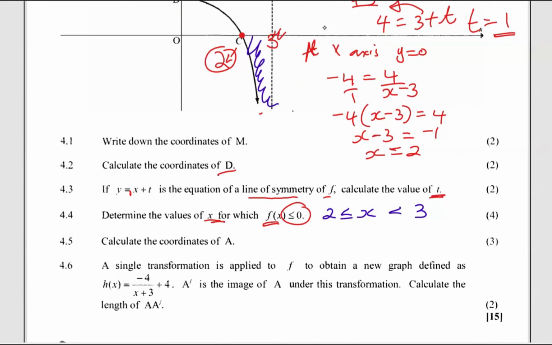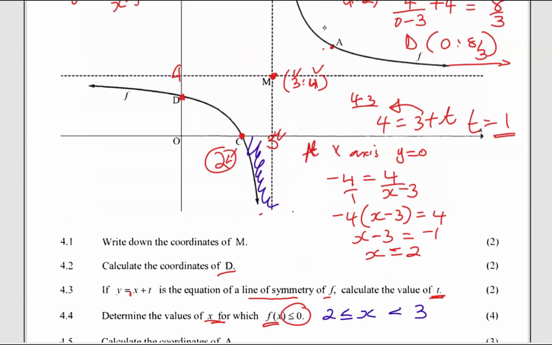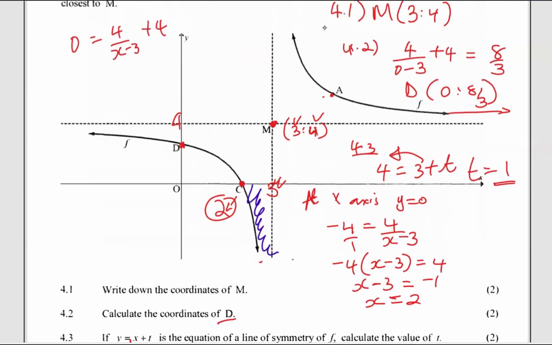Then 4.5, they want the coordinates of A. What is A? Where is A? So they told us A is the point that is closest to M. So if we have our axis of symmetry that is moving this sort of direction, okay, this axis of symmetry must pass through the closest point.